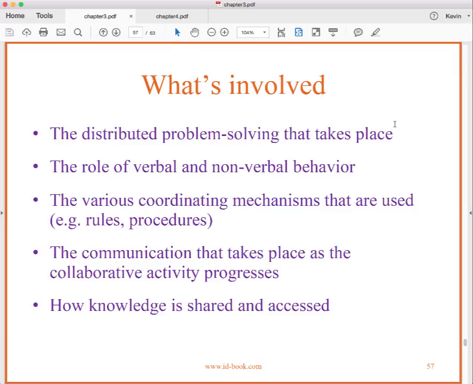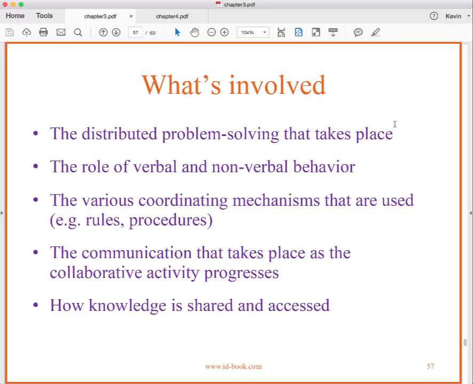So what's involved? There's distributed problem solving that takes place. There's both verbal and nonverbal behavior. There are various coordinating mechanisms that are used. We've got rules and procedures. We've got some things in terms of the avionics of the plane.